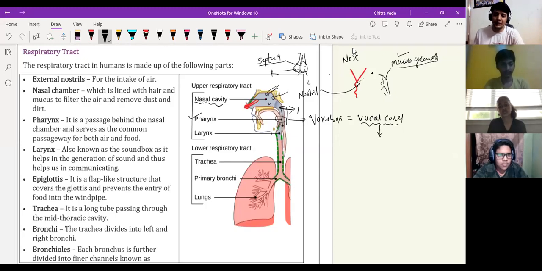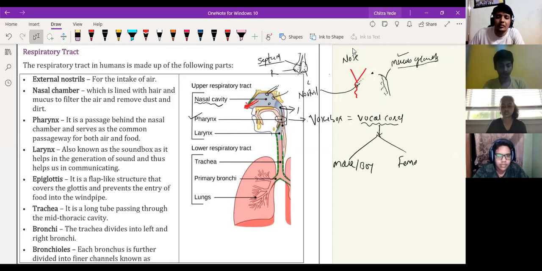Whatever I am speaking, and you speak, is because of the vocal cord only. It is present in males, or boys, and in females, or girls.